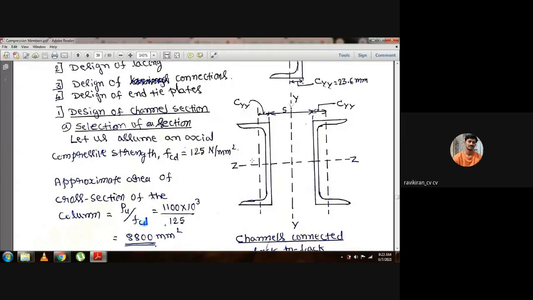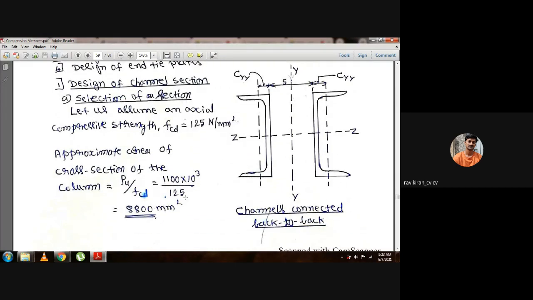That means to say, usually IYY value or RYY value will be less than the ZZ value. Correct. But here we should place this S value in terms of RXX is equal to RYY or RYY is equal to or greater than RZZ. You'll understand this.